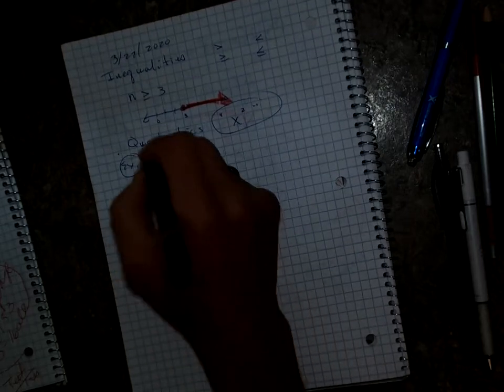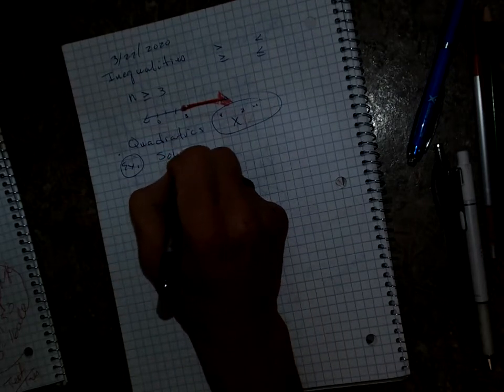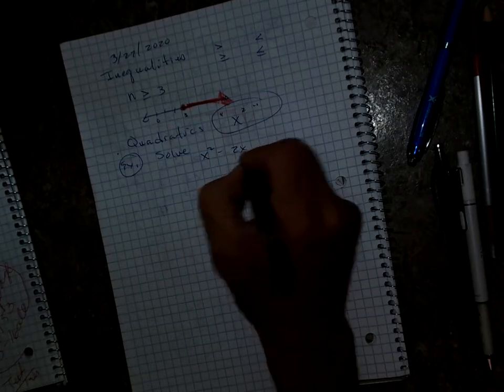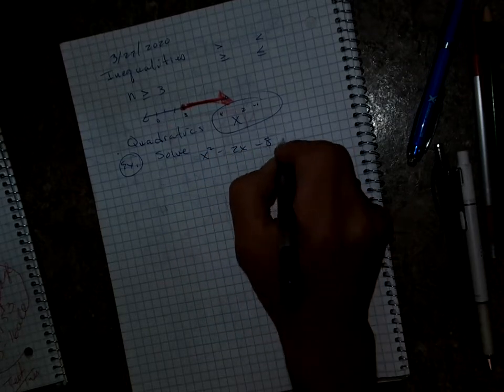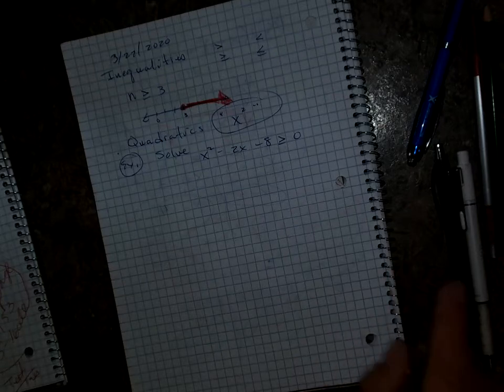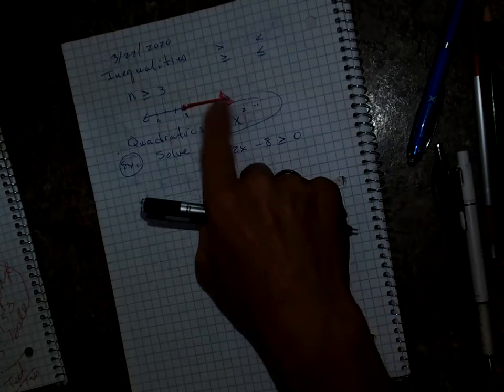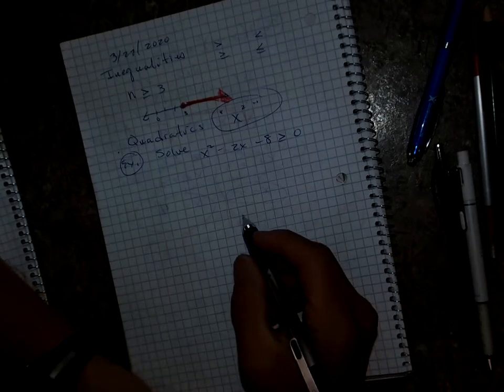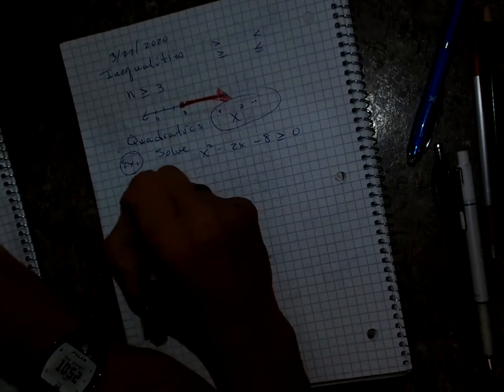I am going to solve x squared minus 2x minus 8 is greater than or equal to 0. I'm going to solve it, but I know there are going to be lots of answers, so I'm probably going to need to show my answer on a number line. But before I do anything, let's find what I call my border points.